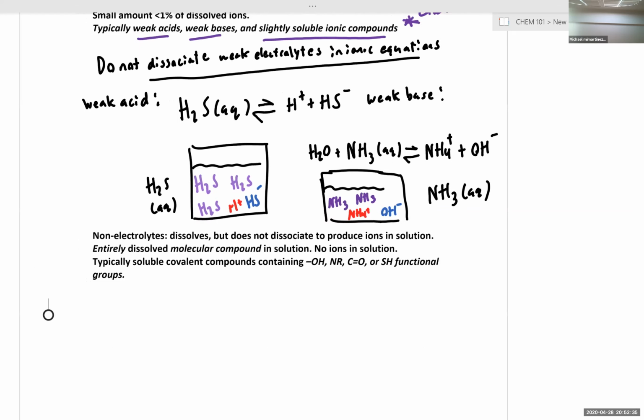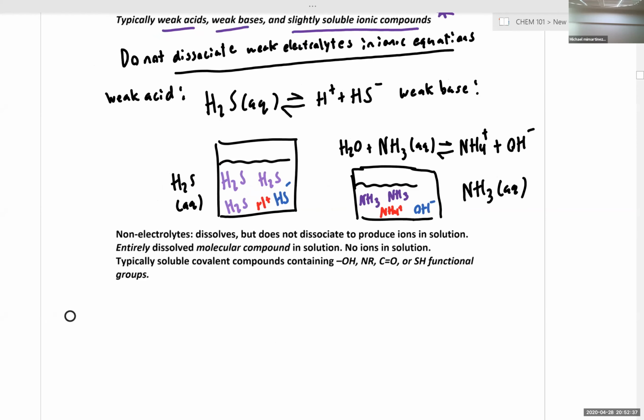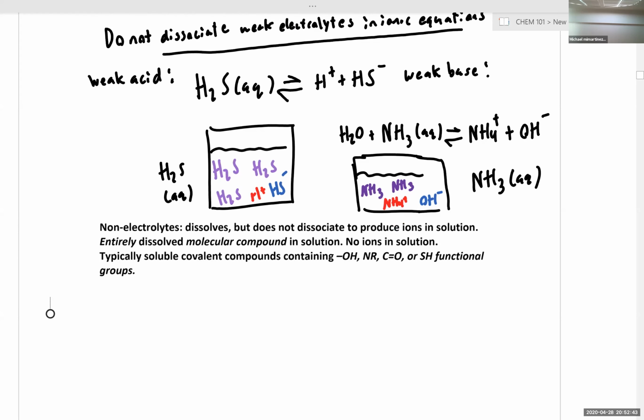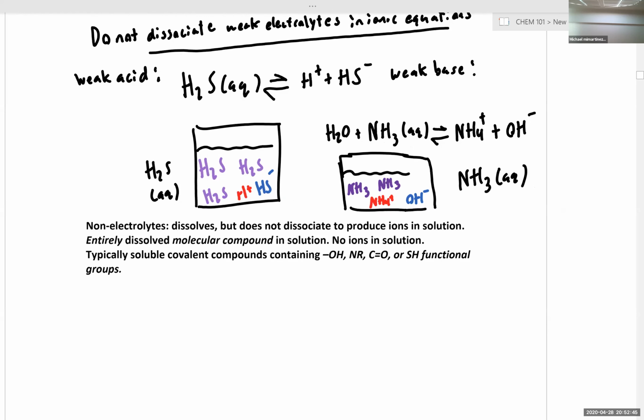So these are primarily what we call non-electrolytes, and these are primarily where we see our covalent compounds that you need to be careful with. So our non-electrolytes dissolve, but they do not dissociate.